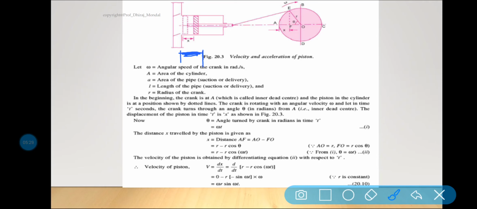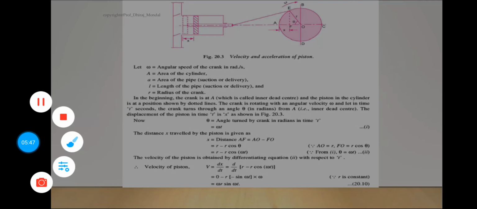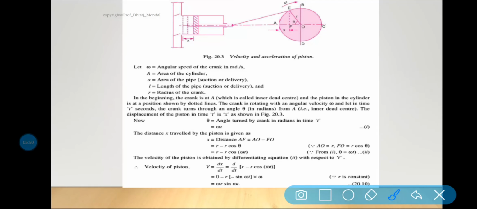At that time the crank is rotating from A to E. As the piston moves x distance, the crank will rotate from A to E and make an angle theta.